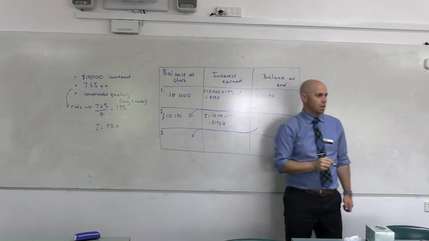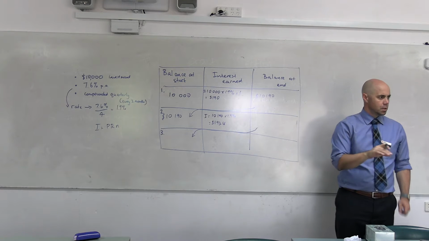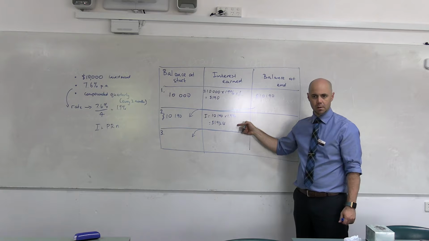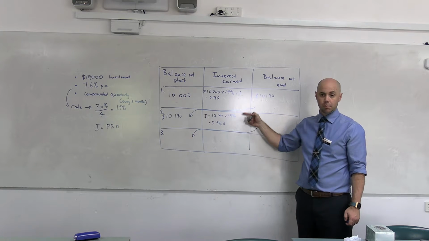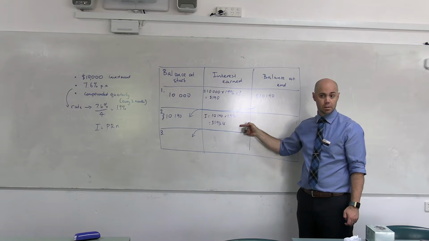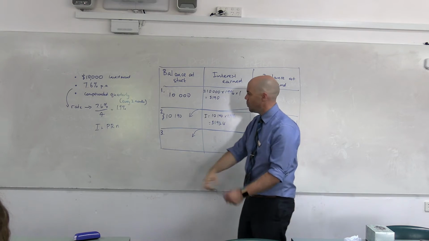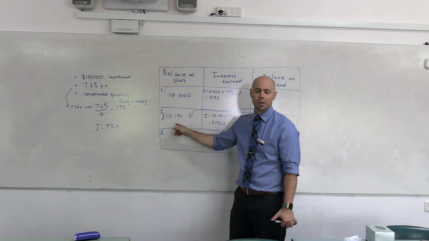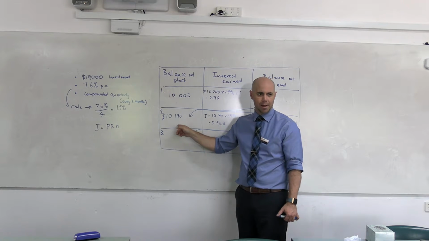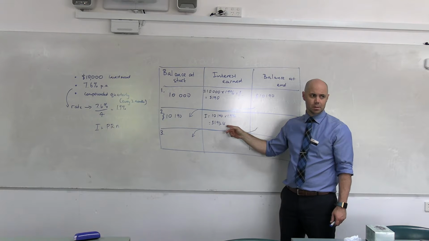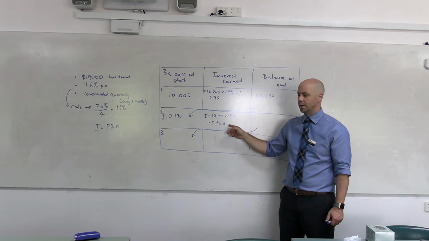Now, what's happened from the first interest period to the second interest period? There's more interest being earned. Can you see that? Why is that? Because for this second interest period, we started with a slightly higher amount. Now, in the end, it's $3. It's not going to change our lifestyle on $3.